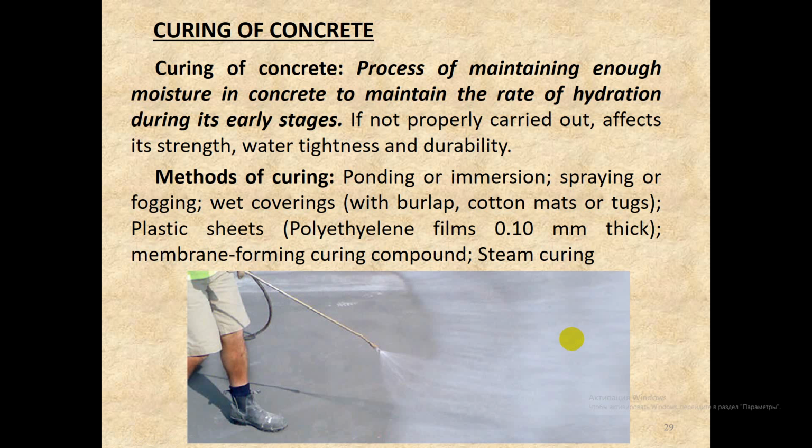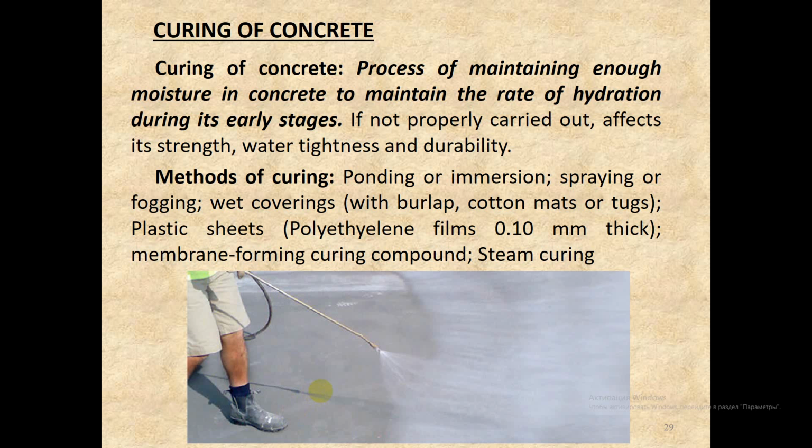Curing of concrete. This is a process of maintaining enough moisture in concrete to maintain the rate of hydration during its early stage. If not properly carried out, it affects its strength, water tightness, and durability.